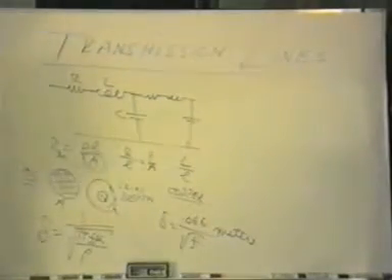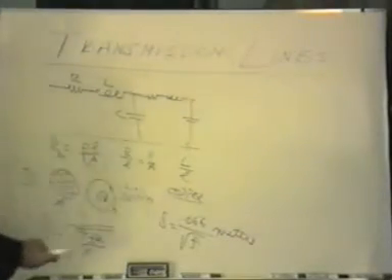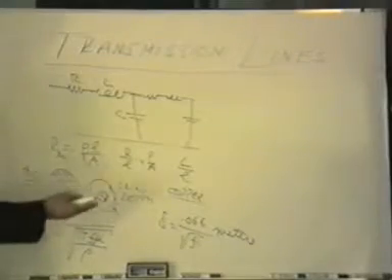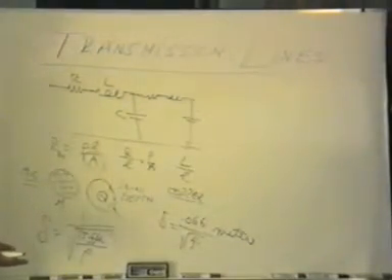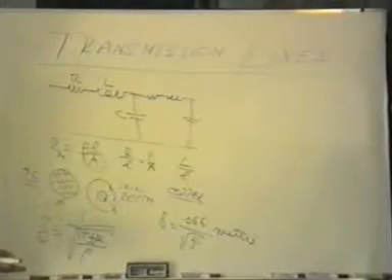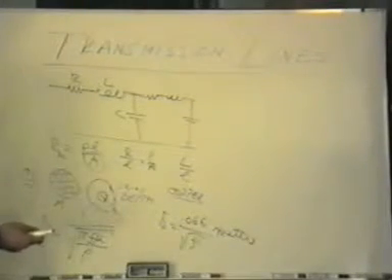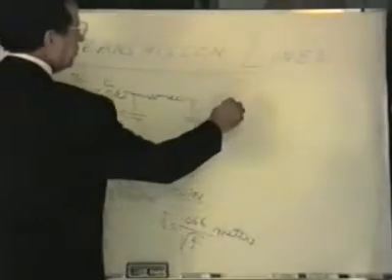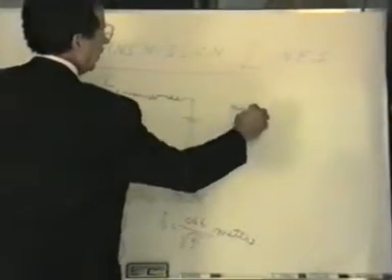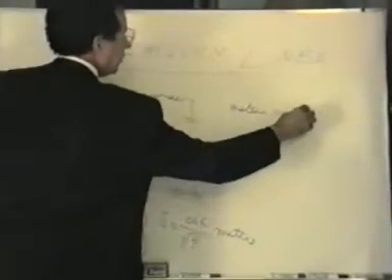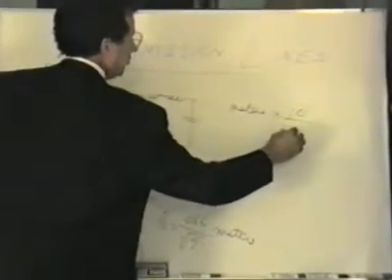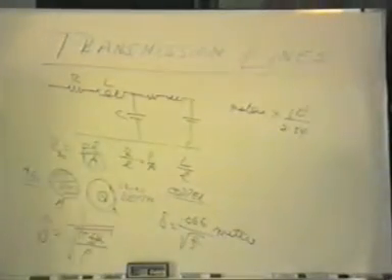Now, just to put it in perspective, let us try some different frequencies and see how big this skin depth turns out to be. Incidentally, we very often get away from meters and like to use mils as our units instead. To make the conversion, we take the number of meters that we have and multiply it by 10 to the 5th over 2.54, and that converts meters to mils.